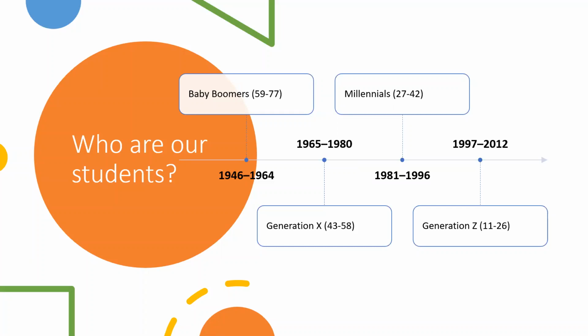And then for Generation X, typically born between 1965 and 1980, they prefer a mix of traditional and technology-enhanced learning methods. They appreciate flexibility in learning schedules, self-paced options. They might prefer more informal learning environments and value work-life balance.